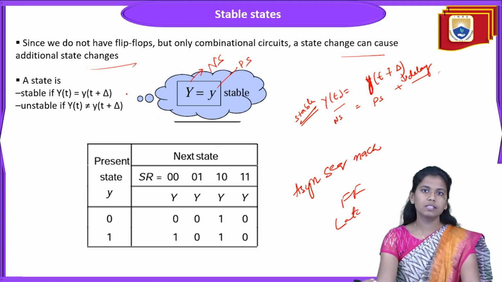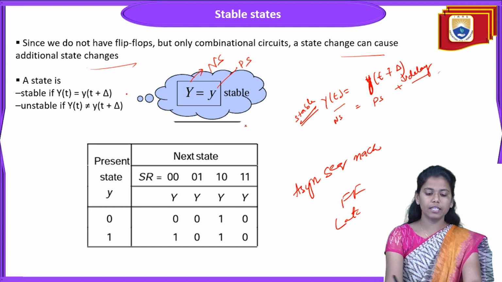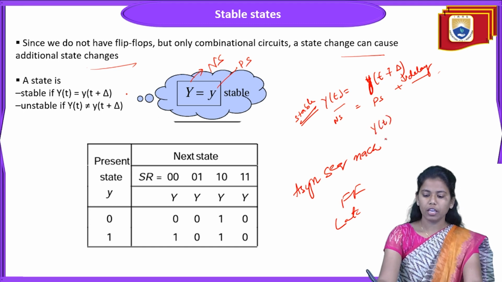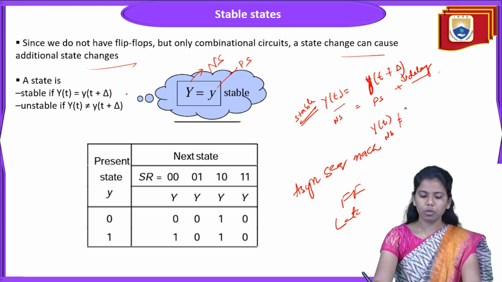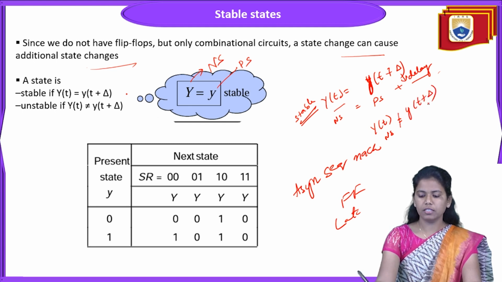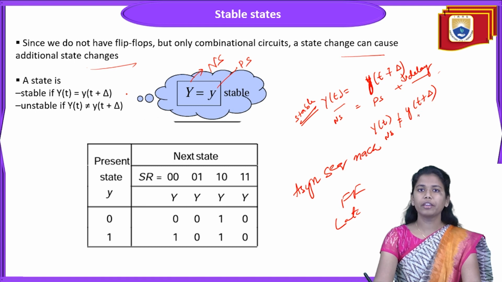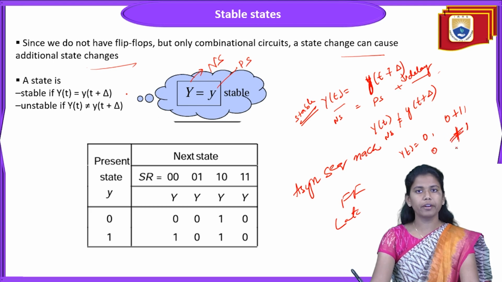Now we will see what an unstable state is. An unstable state goes like this: if y(t) is not equal to y(t + delta), isn't it? That means if you see any discrepancy with respect to time, for example if my state at t is 0 and the state at t plus delta is 1, so it is 0 and it is 1, they are not related to each other.